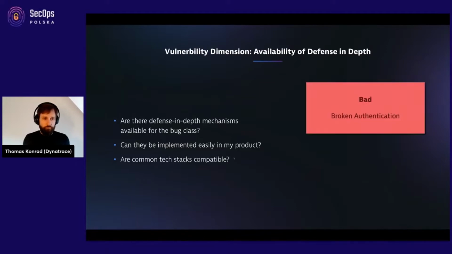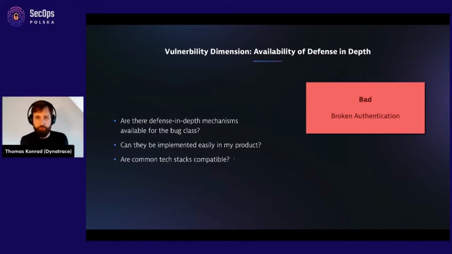Looking at a bad example of availability of defense in depth is, again, broken authentication, right? Some of you might be registered with one of the big service providers like Google, Apple, Dropbox, whatever.